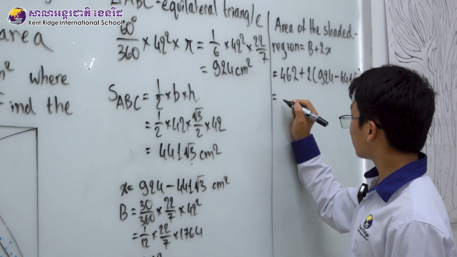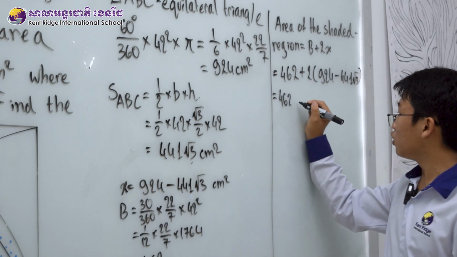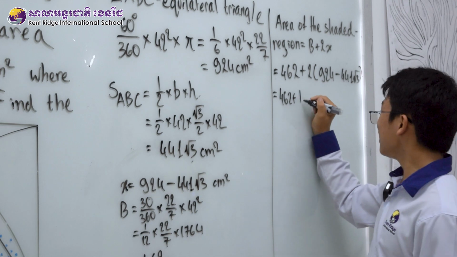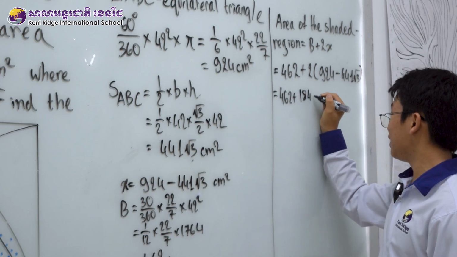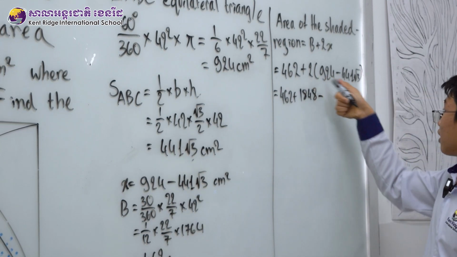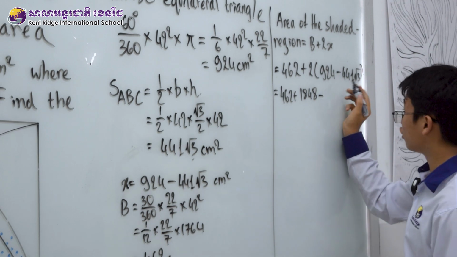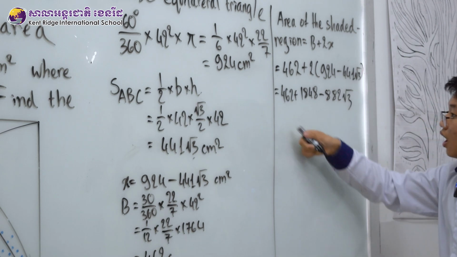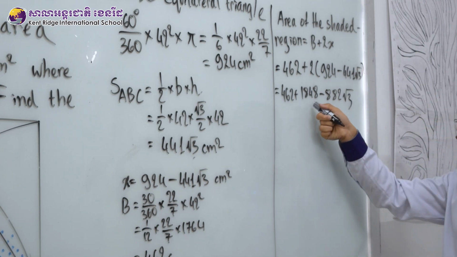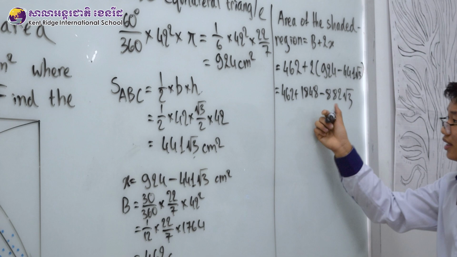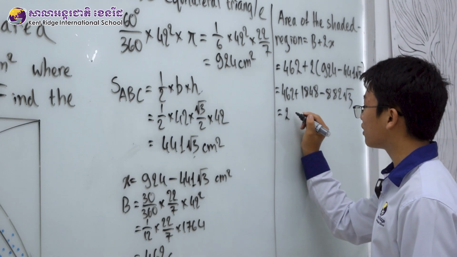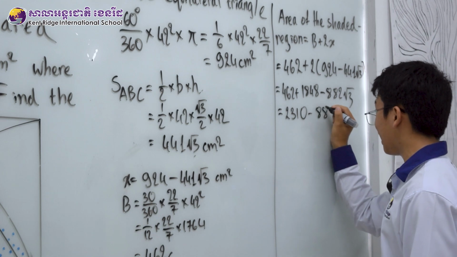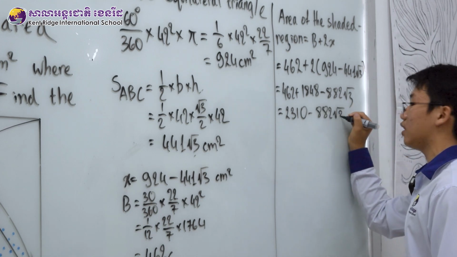So when we do the calculations, we get 462 plus 2 times 924, which is 1,848, minus 2 times 441, which equals 882 square root of 3. 462 plus 1,848 equals 2,310, minus 882 square root of 3.